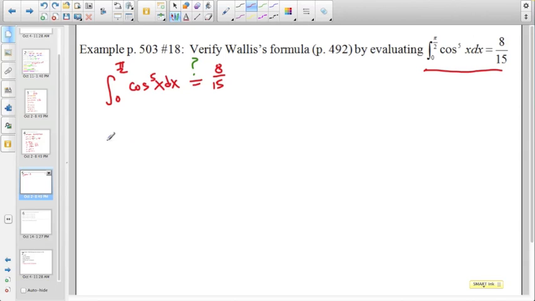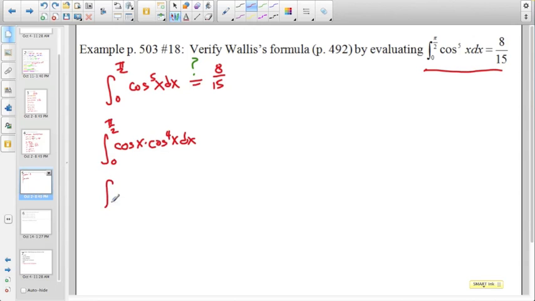And so if we look at this expression here from 0 to pi over 2, we need to substitute out these even powers of cosine. So we're going to split this up as cosine of x times cosine to the 4th x dx, and that way we have our odd power of cosine to substitute out.